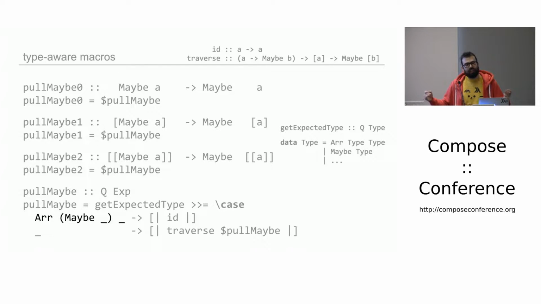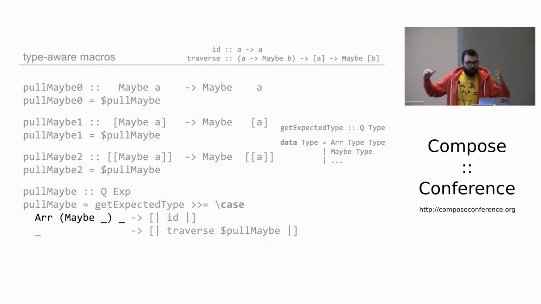And so since in this case, I'm generating traverse of ID, I just want to know after how many calls to traverse is it enough? When is the base case? When should I stop and generate ID? And in the types we have seen, it's always a maybe that is nested inside of 0 or more lists or some other functor.